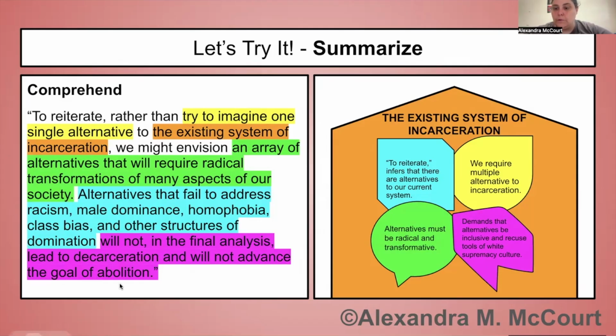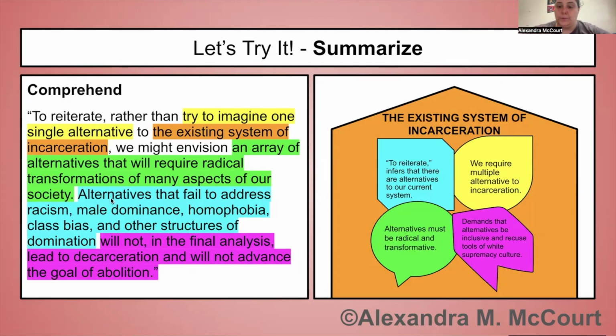So I created this visual representation of what each of these moving parts are. If I'm looking at the existing system of incarceration, I've created a little orange house. That's the existing system of incarceration. And then I color coded it based off of how I'm beginning to understand each part of this quote.